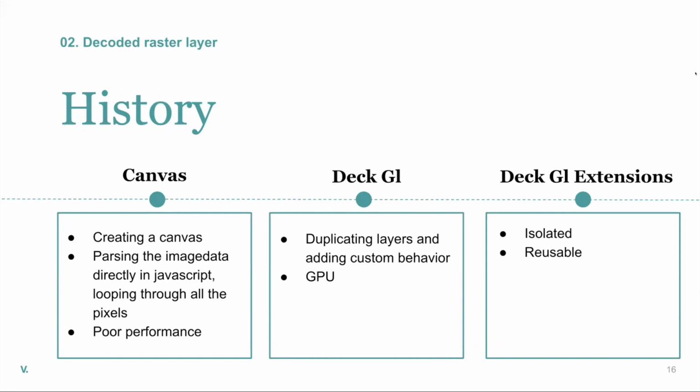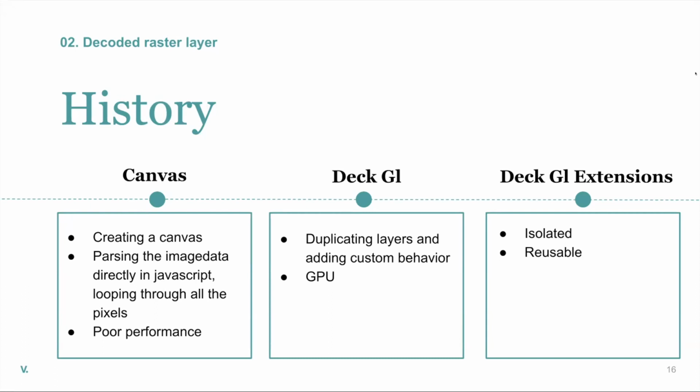So then we moved to deck.gl, but at a moment when we didn't have the tile layer and the bitmap layer yet. It was in an experimental state, so I imagine that it would be V6. At the end, what we did was duplicate those layers and create our custom behavior.